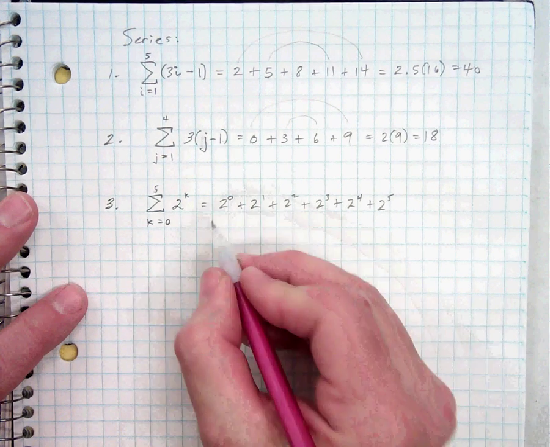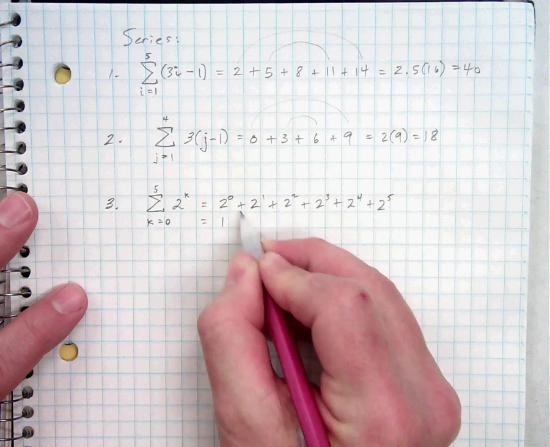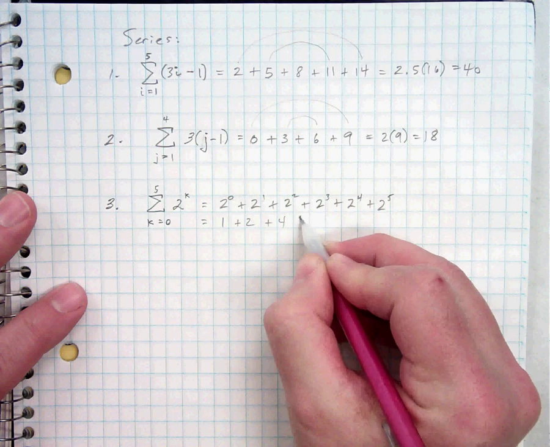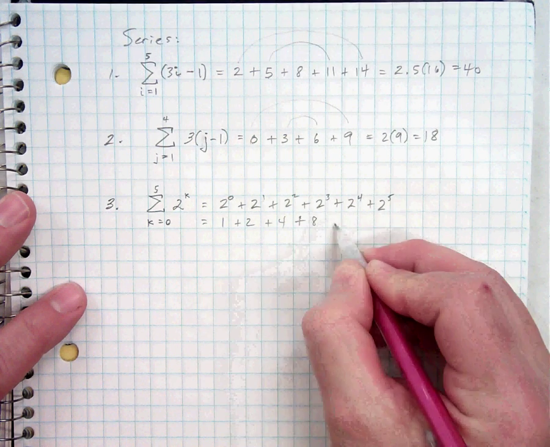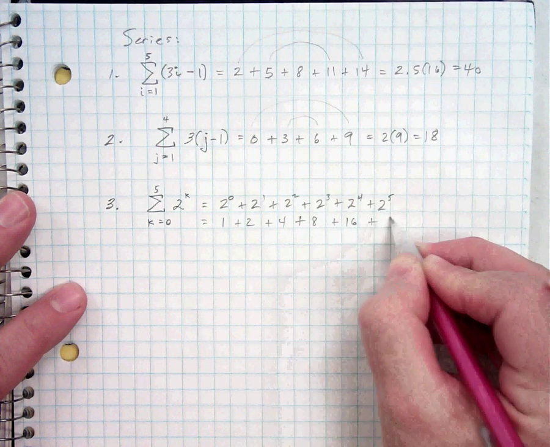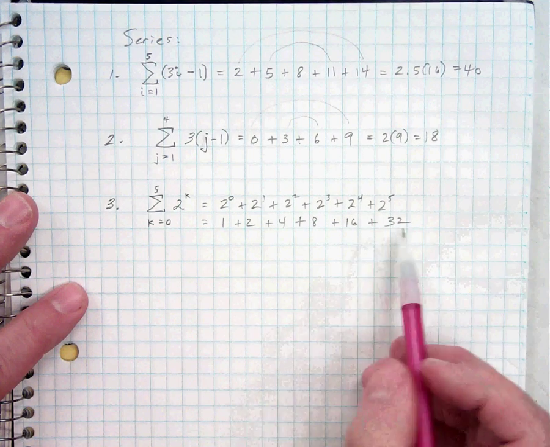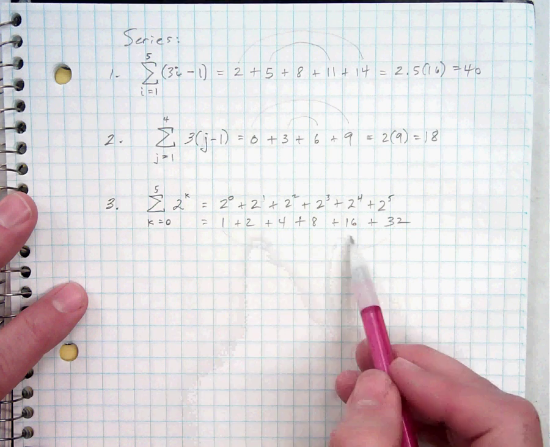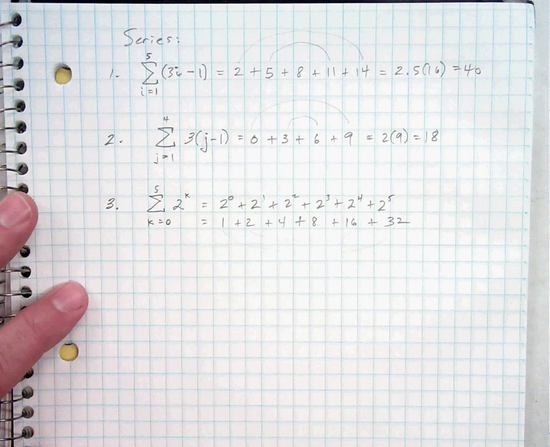So what do these equal? Well, 2 to the 0 is 1, 2 to the 1 is 2, 2 to the 2 is 4, 2 to the 3 is 8, 2 to the 4 is 16, and 2 to the 5 is 32. This is not arithmetic, so that little trick we used earlier by adding these together and these together is not going to work. You just have to add them up.